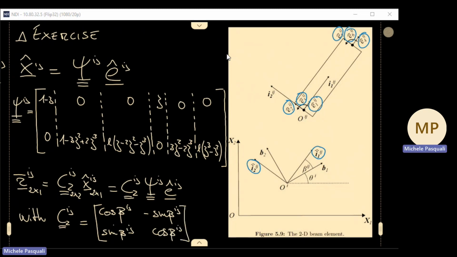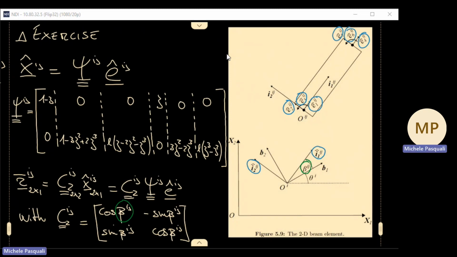Okay, again, this angle here is this one. So this is a projection or a rotation. Super simple. Okay, so this is the first.